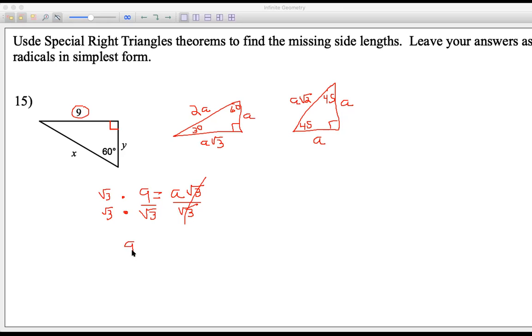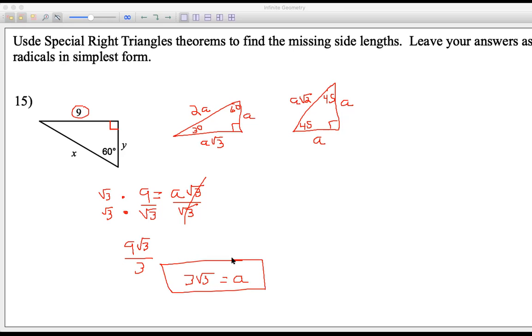We get 9 root 3 over the square root of 3 times the square root of 3, which is the square root of 9, which is 3. That further reduces, 9 over 3 reduces to 3, so we get 3 root 3, and that's what A is equal to. You solve for A, and A is Y. So here is your Y value, because that's what A is.